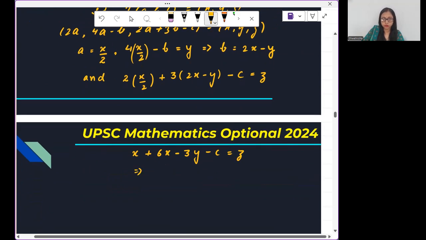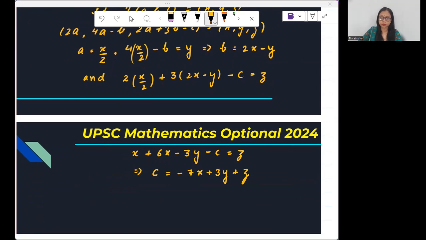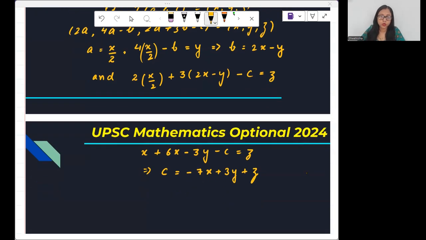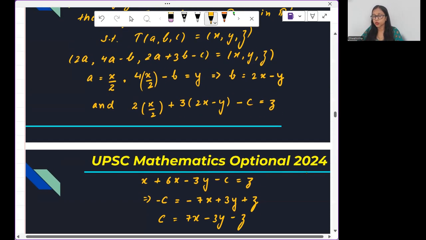It implies c is equals to minus 7x plus 3y plus z. So this is minus c, so c is 7x minus 3y minus z. So yes, I can find A, B, C uniquely in terms of x, y, z.